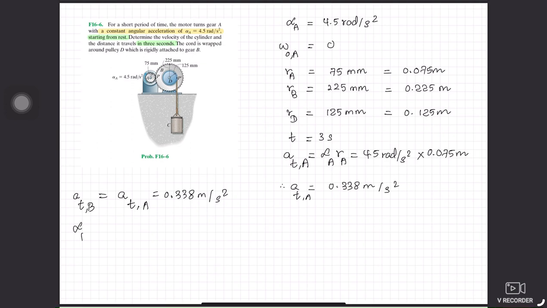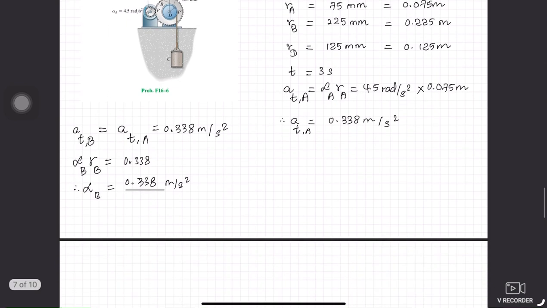So alpha B times r_B equals 0.338, and that is why alpha B is 0.338 meter per second squared divided by 0.225 meter, which is equal to 1.502 radian per second squared.